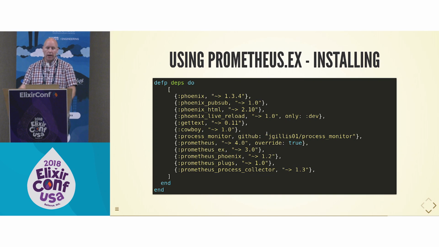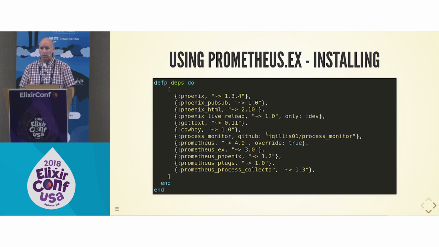So to do this, we would add these to our dependencies in our Phoenix application. As you can see here, I'm adding Prometheus.ex and Prometheus Phoenix. That will pull in our Phoenix instrumentation. We're pulling in Prometheus plugs.